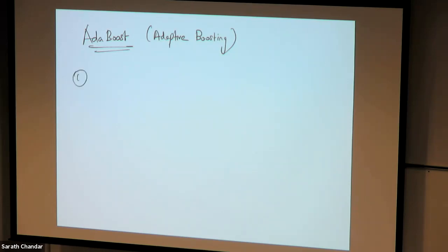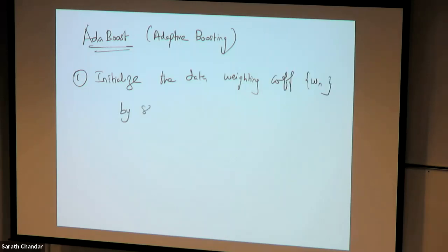First, we are going to initialize the data weighting coefficients w_n by setting w_n^(1), for the first classifier, equal to 1 over N.